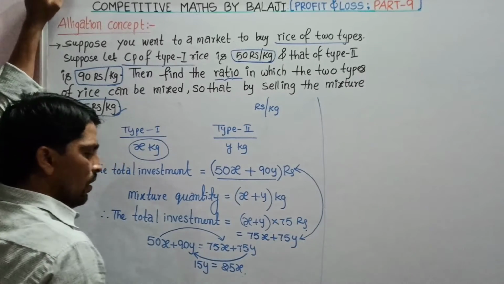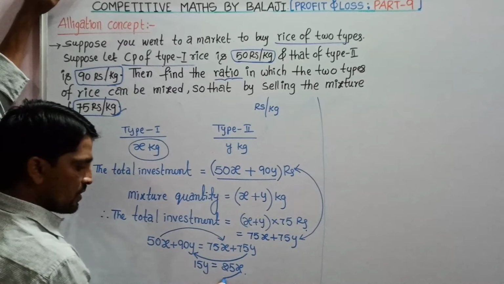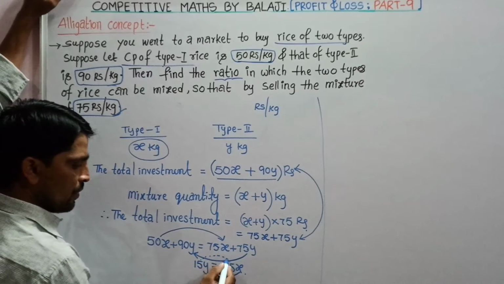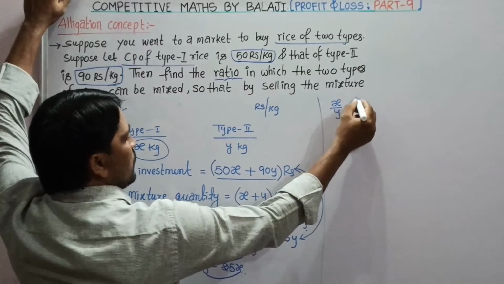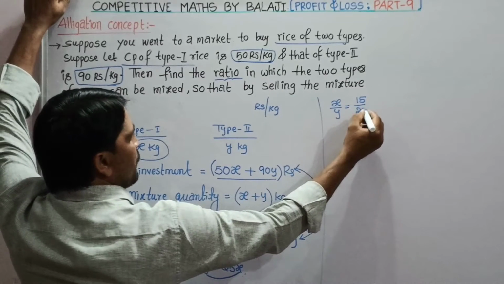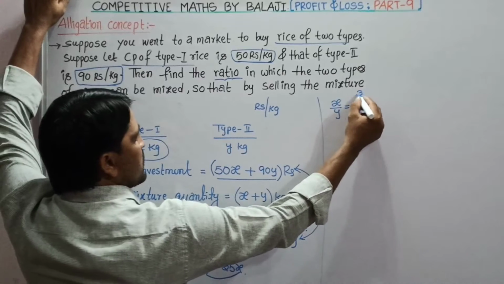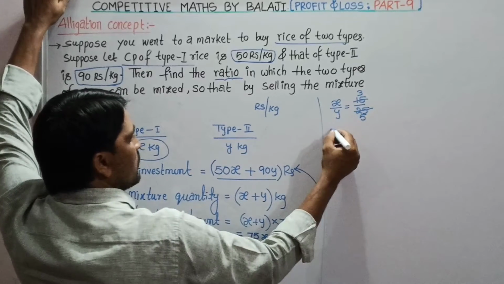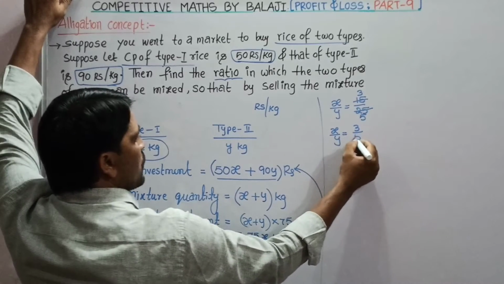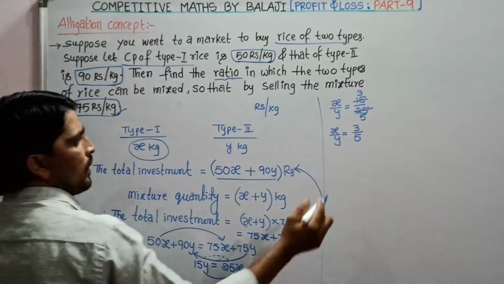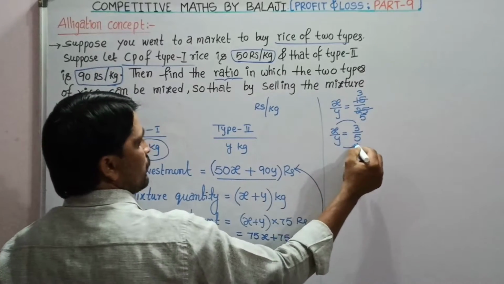Consider the ratio of x to y: x by y is equal to 15 by 25, that is 3 by 5. So the quantity of each type of rice should be mixed in the ratio 3:5.